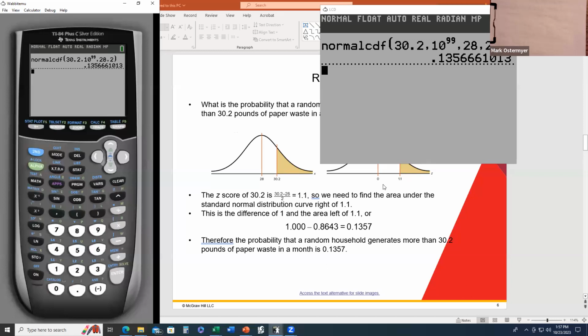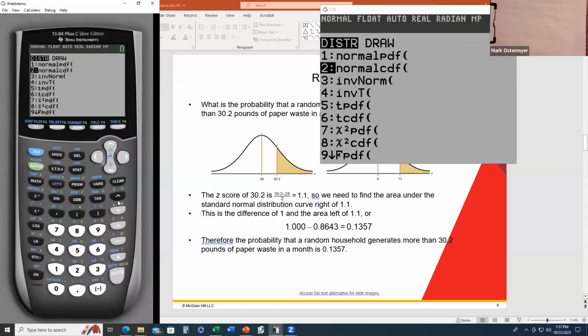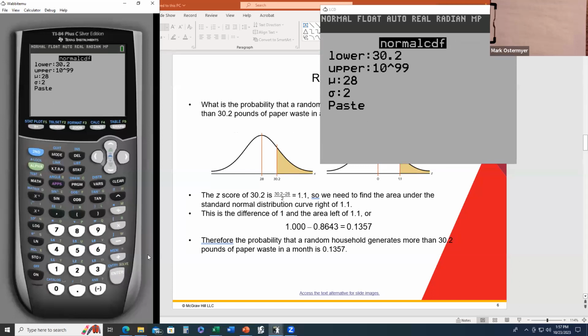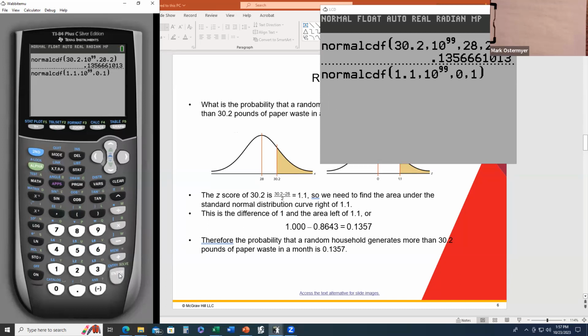Okay. That would be equal to the same probability if you were to use the standard normal probability distribution. That would be equal to the standard normal distribution where the lower end point would be 1.1 and the upper point would be positive infinity, where now the mean would be 0, the standard deviation would be 1 if this is a standard normal distribution. But I bet we get the same area. We do.